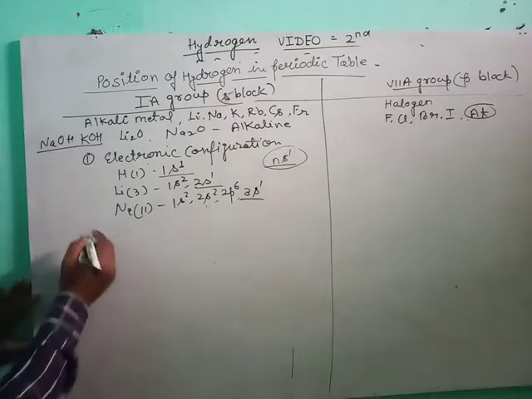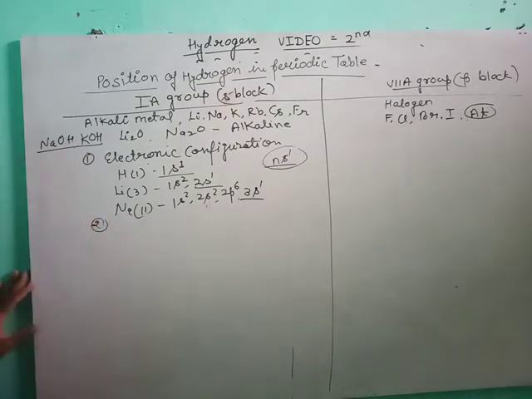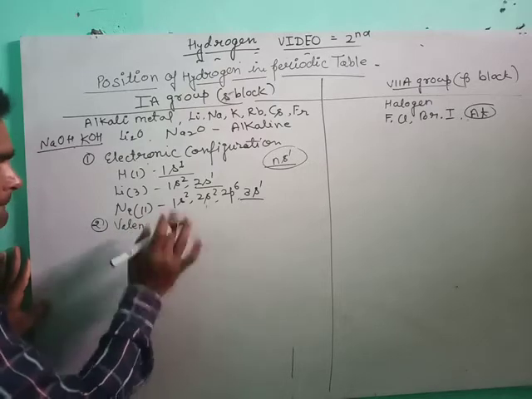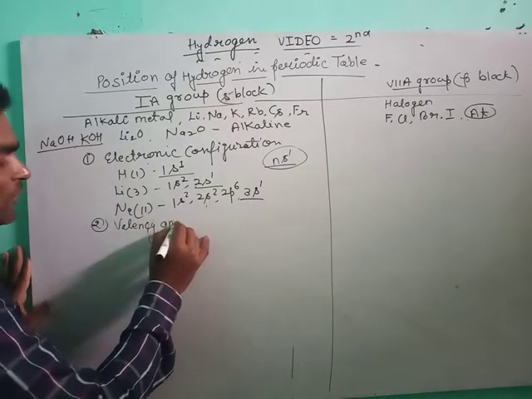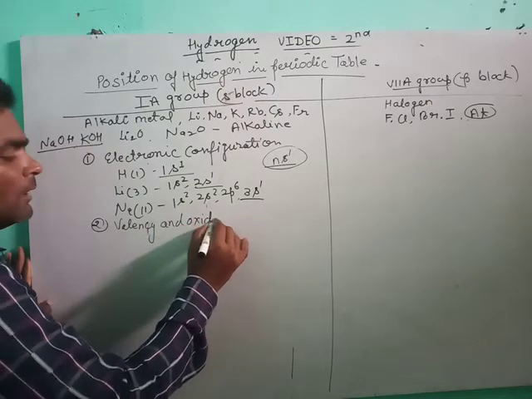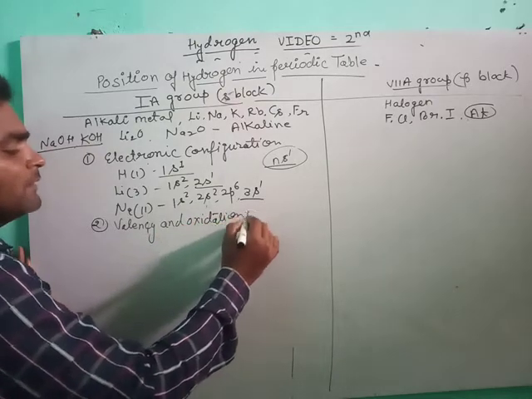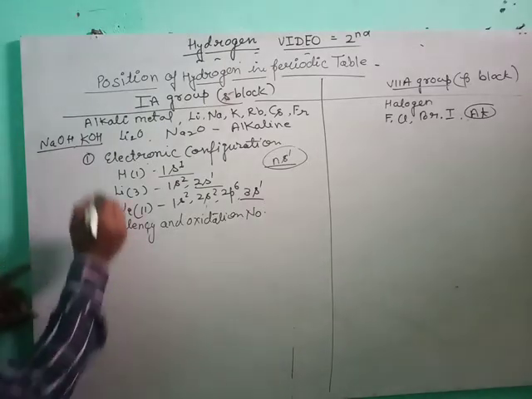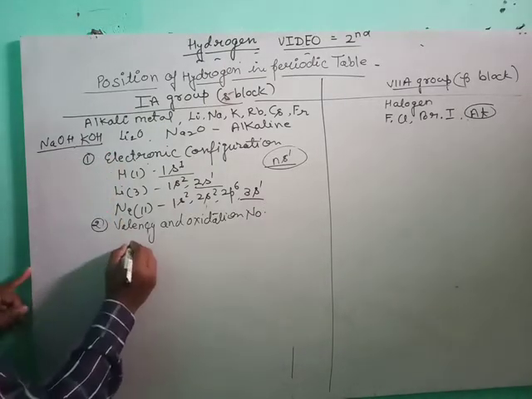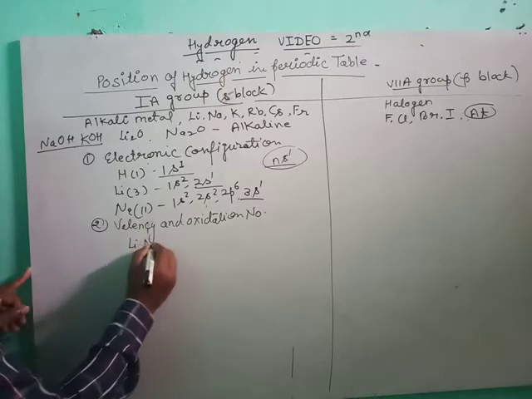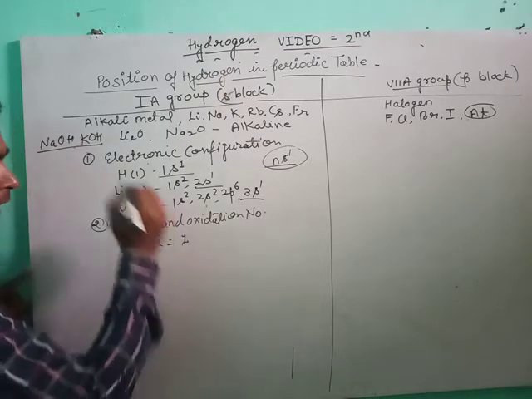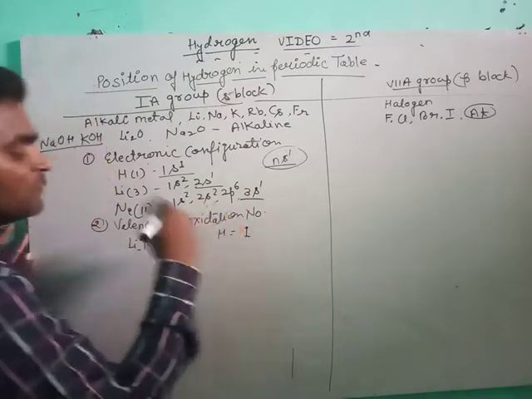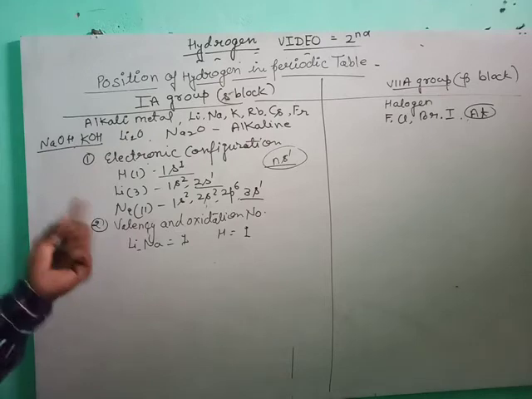The second property of hydrogen is valency and oxidation number. The valency of alkali metals is 1, meaning the valency of lithium and sodium is 1, and also the valency of hydrogen is 1, meaning both have a similar valency, that is 1.